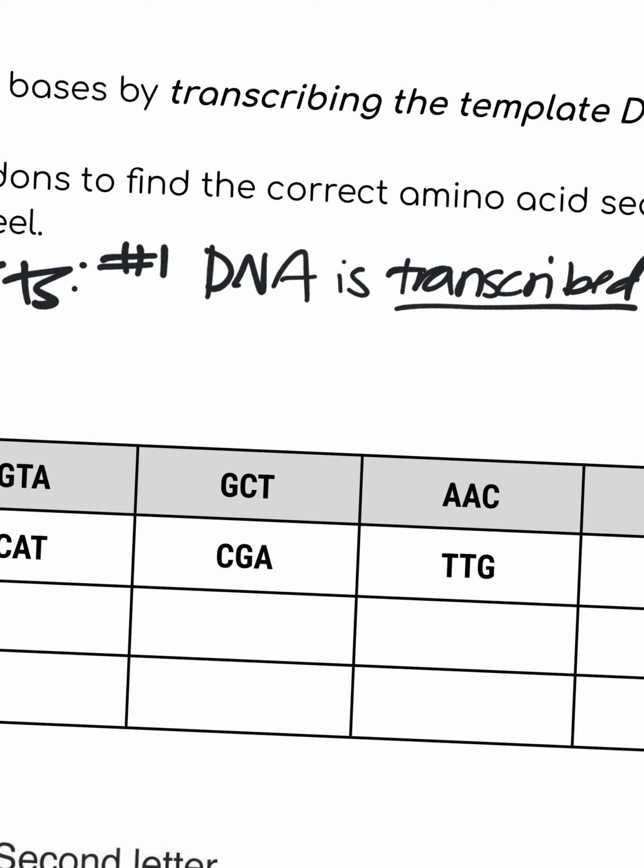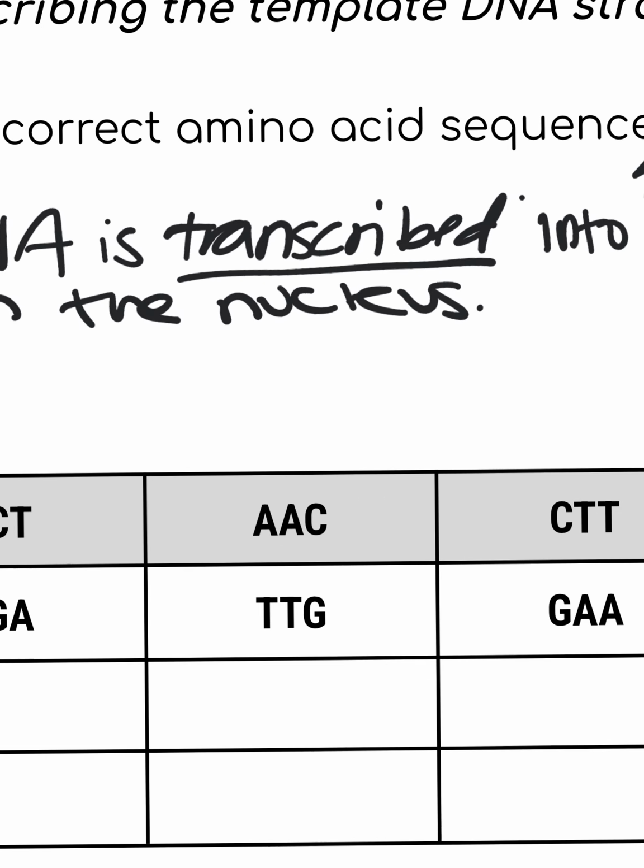Okay? This process has to happen in the nucleus because it involves DNA. So DNA, remember, cannot leave the nucleus. So step 1, transcription, where we make mRNA, happens in the nucleus.